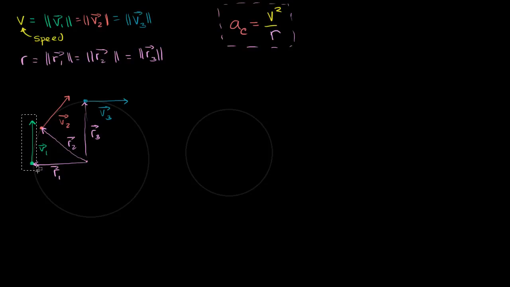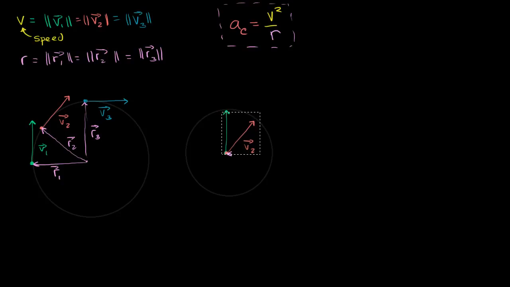So let's copy and paste this. So let me copy and paste v1. I want to do it from the center. So that is v1. Then we do the same thing for v2. So let me copy and paste it. That is v2.